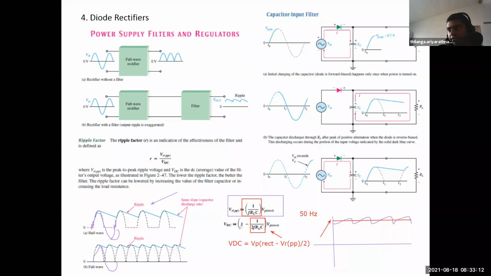Small thing, I messed up this one: VP rect minus VR. Yeah, this is the idea. Tell me, guys, whether you got it. DC voltage means rectified voltage minus half of the ripple voltage. That is what is expressed by this equation. Guys, you all got it?